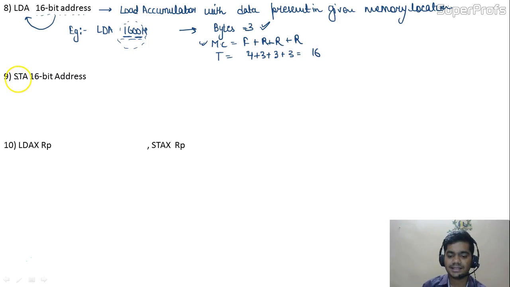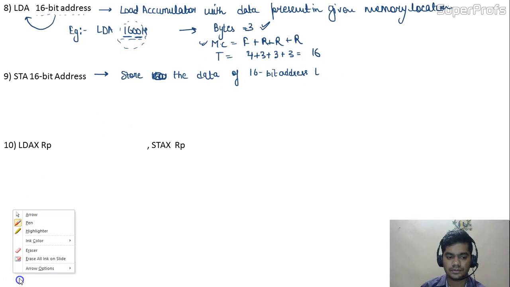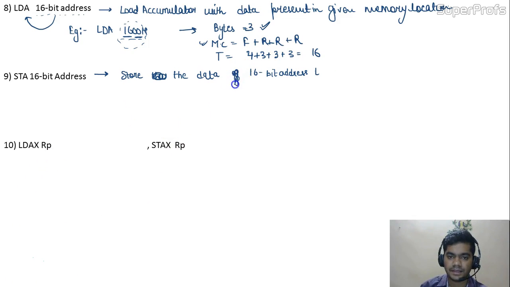Okay, so the 9th instruction is store the data in the 16-bit address memory location from accumulator.